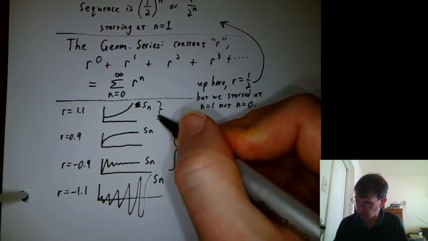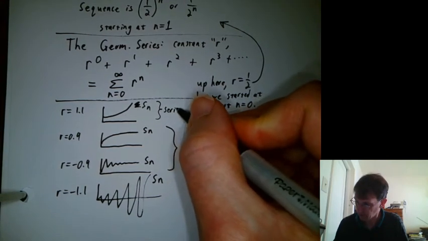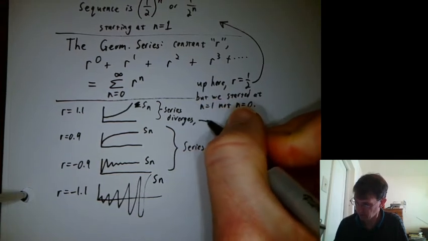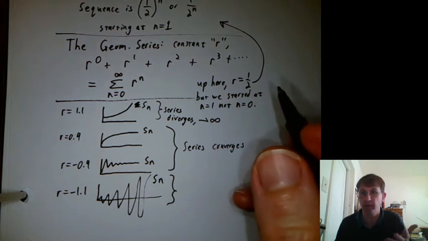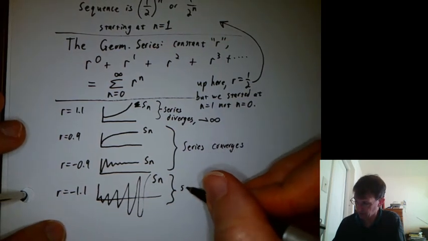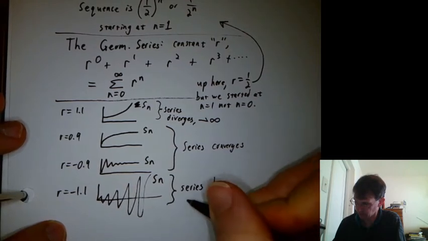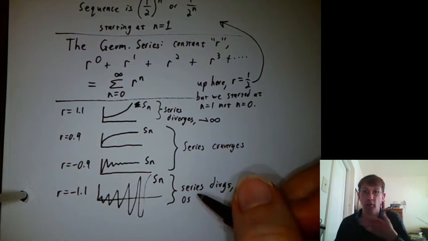Here the series diverges by running away to infinity. And here the series diverges by oscillating without settling down. In fact, not just oscillating without settling down, but oscillating more and more at each step.